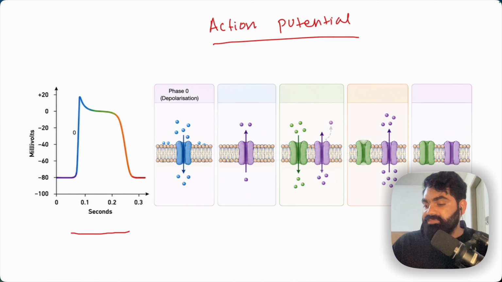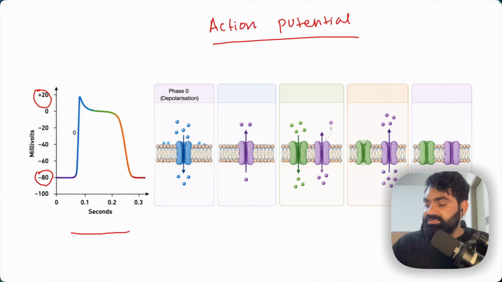So phase 0, or the depolarization phase, is starting here. This is the resting stage, the normal stage of the cell, and when depolarization starts, phase 0 starts, the cell membrane goes from minus 80 to 20 millivolts.